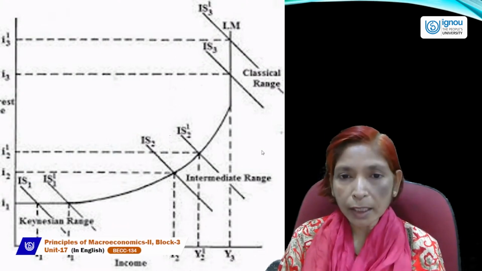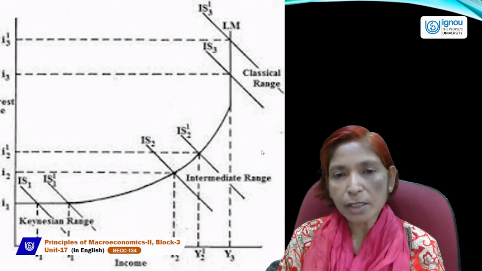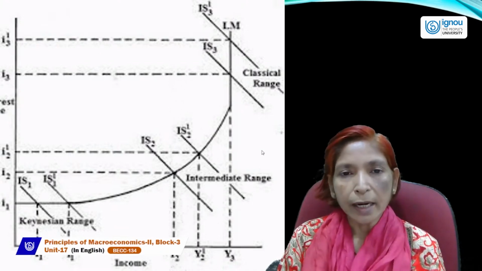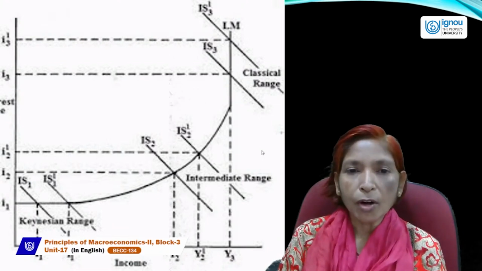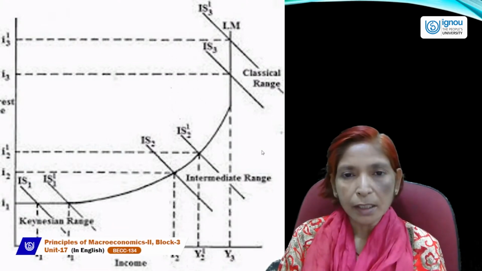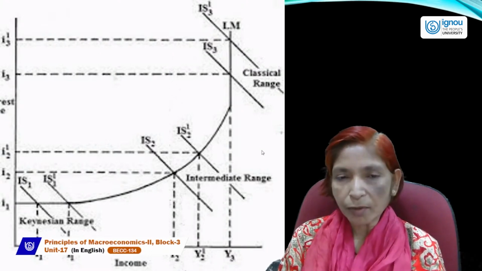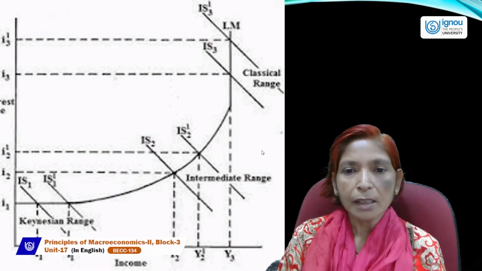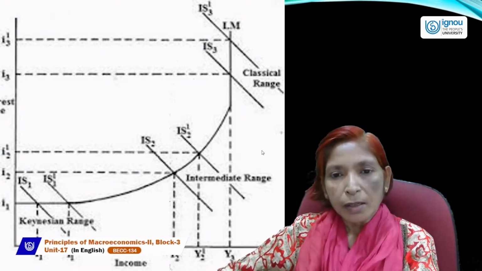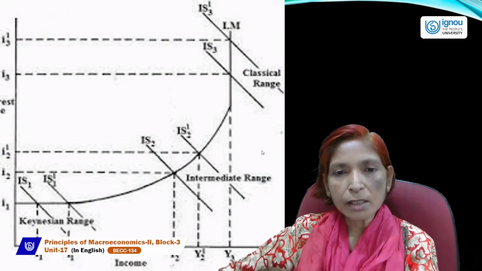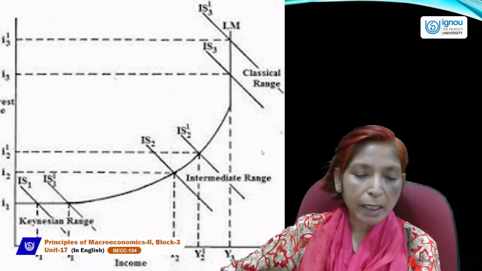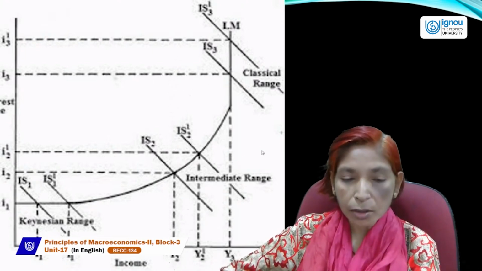And at the classical range, income does not increase, income is constant, because the LM curve is vertical, or the aggregate supply curve is vertical. At this stage, if the IS curve shifts, it will not affect the income level. So we can say that if the government is following expansionary fiscal policy, at the classical range it will not affect any income level, but in the intermediate range it will affect, but not too much.